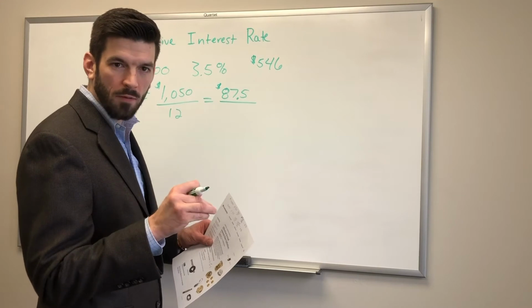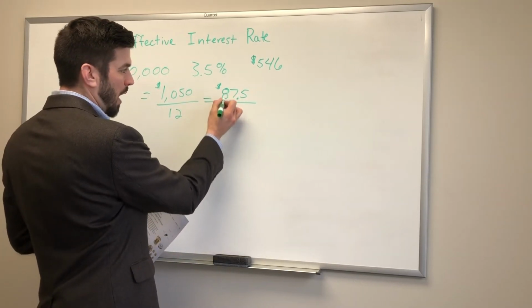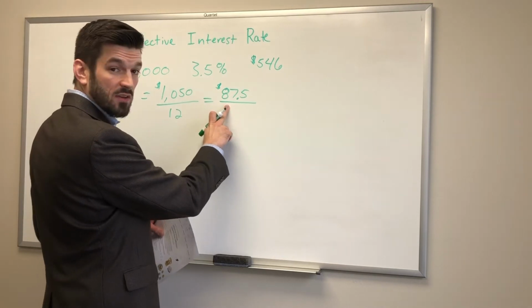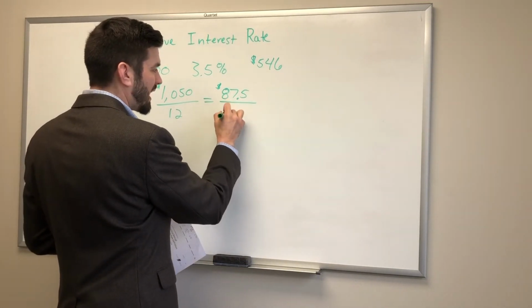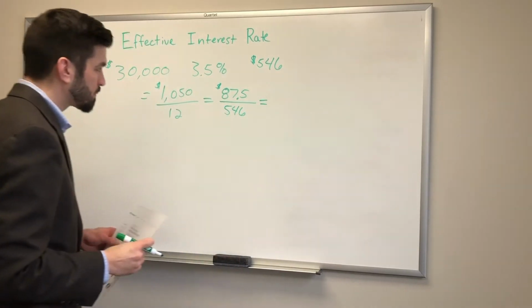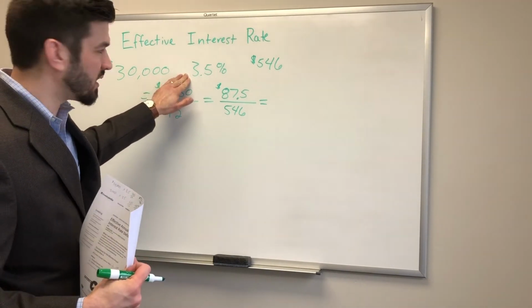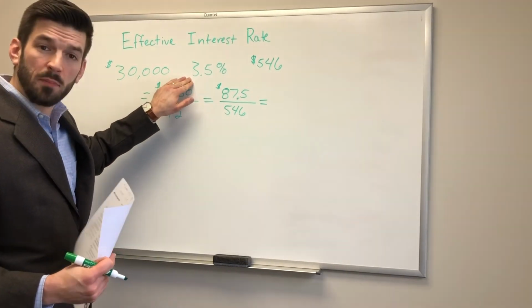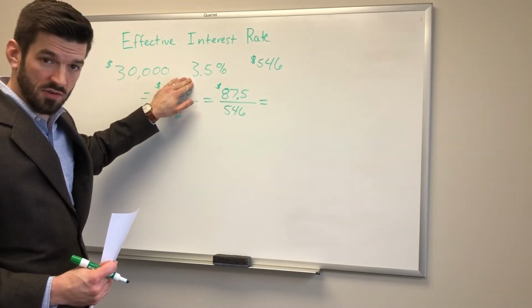Well, now, if that is the amount of interest going to this loan, what is the effective interest rate in month one? So what we would do, of course, is take the amount of interest, which we figure to be the 87.5, and then we divide it by the total payment of $546. So you have the feeling and understanding that every monthly payment you make, you pay 3.5% in interest.